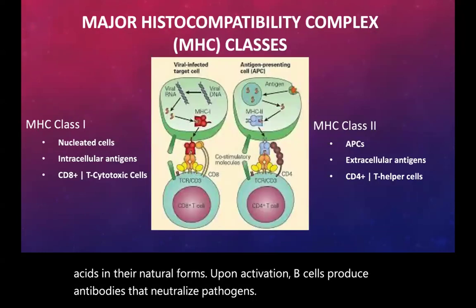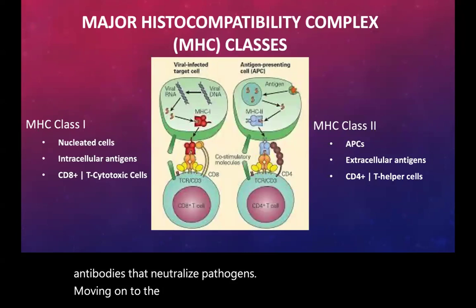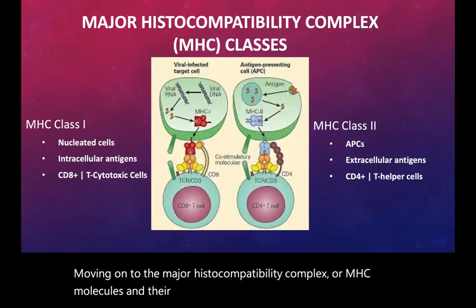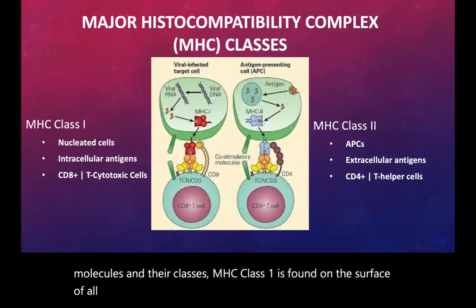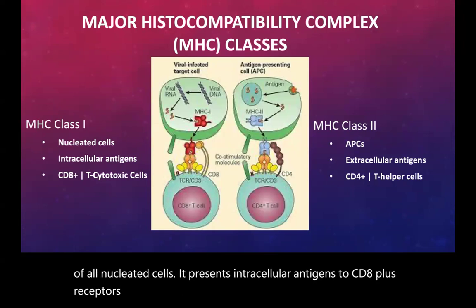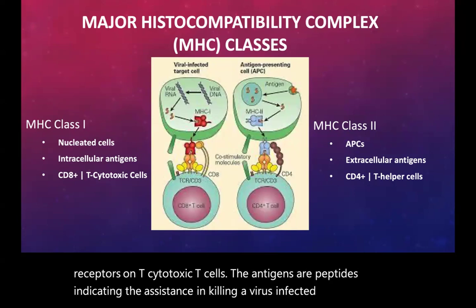Moving on to the major histocompatibility complex, or MHC molecules, and their classes. MHC class 1 is found on the surface of all nucleated cells. It presents intracellular antigens to CD8 plus receptors on cytotoxic T cells. The antigens are peptides, assisting in killing a virus-infected or cancerous cell.